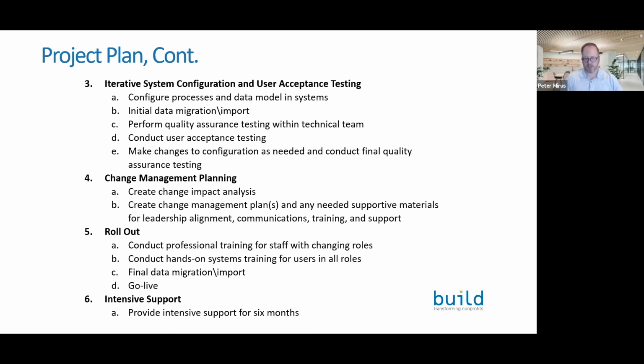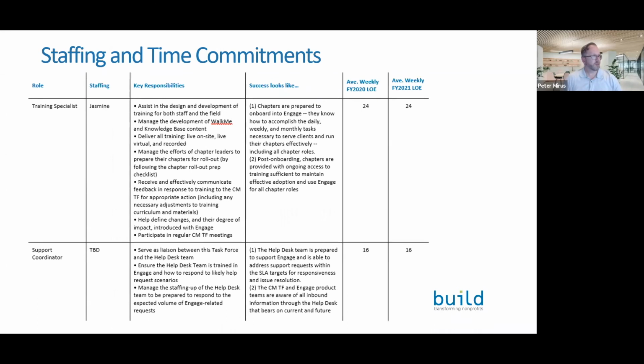And then finally, just to confirm another point from earlier, something that the project charter should take into consideration is staffing and time commitments. And I'm not going to spend a lot of time on that right now because I've spent so much time on it already, but this is just a visual example of how you might articulate what those are, what the roles are, who would be staffing those roles, what their key responsibilities would be, what success looks like, and then what level of hours worth of implementation would be needed on a weekly basis across the implementation time period.